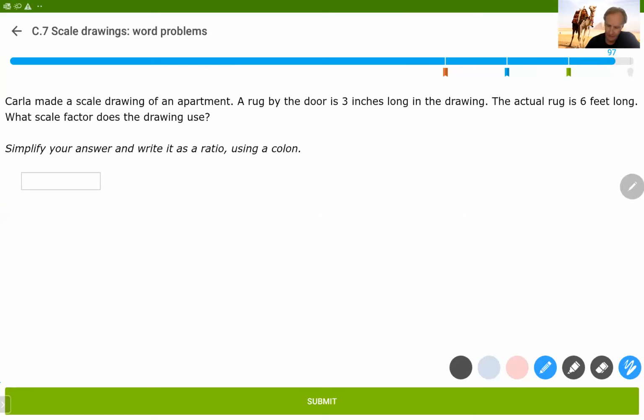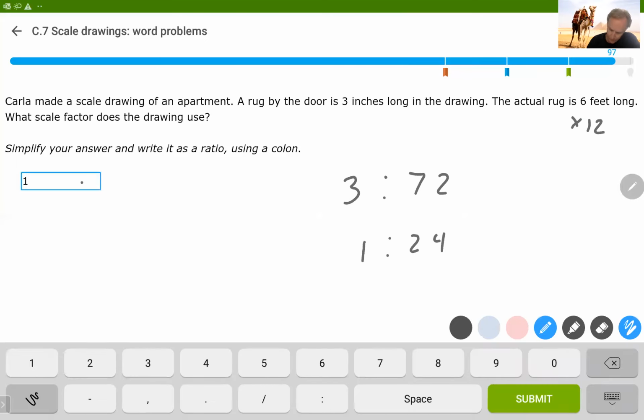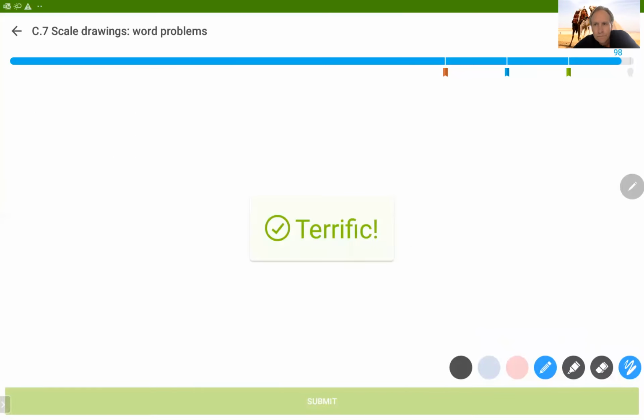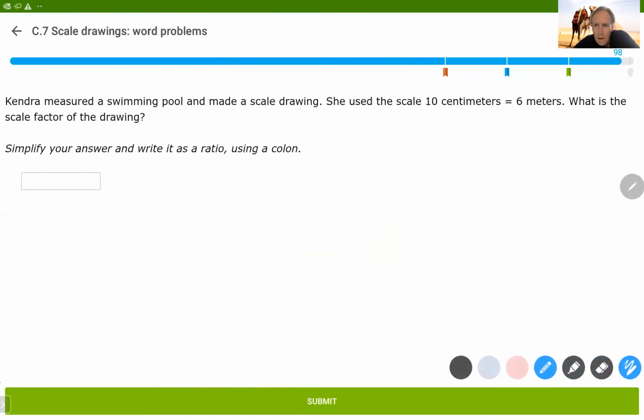Three inches to 6 feet. 6 times 12 is 72. And that would be 1 to 24. And you divide by 3, right? Yep. 10 centimeters to 600 centimeters. And that is 1 to 60.